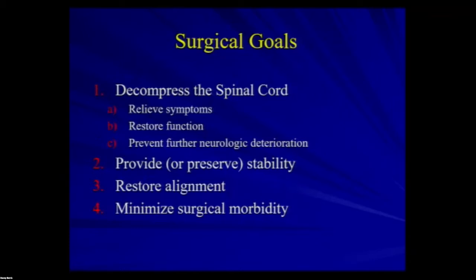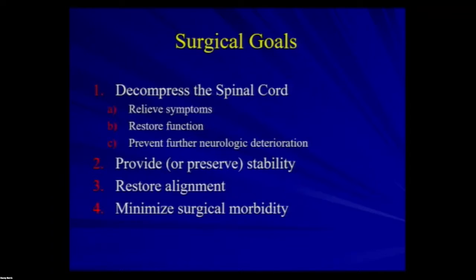What are our surgical goals when we see a patient with myelopathy? And really the fact is, for the vast majority of patients with myelopathy, surgery is an option and oftentimes is the best option. So our number one goal is to decompress the spinal cord. This is extrinsic compression of the cord, and our goal is to decompress this.